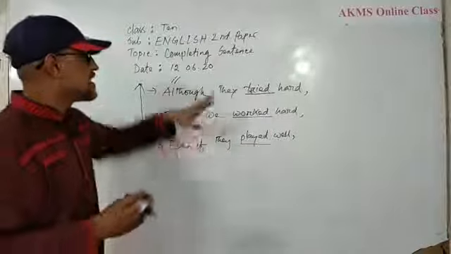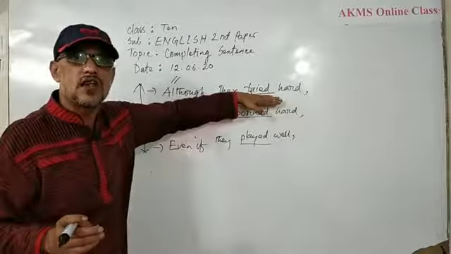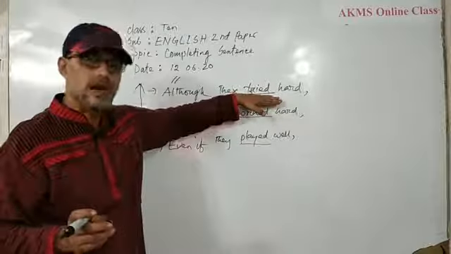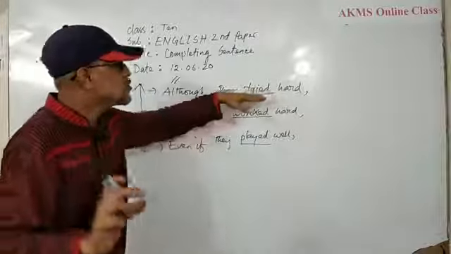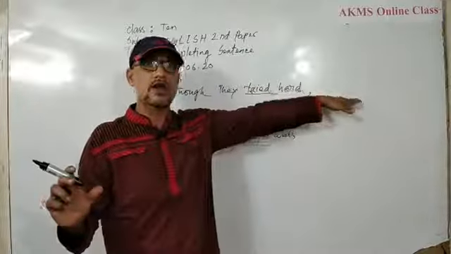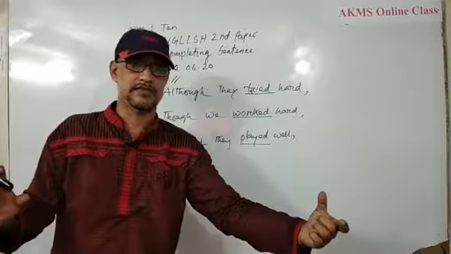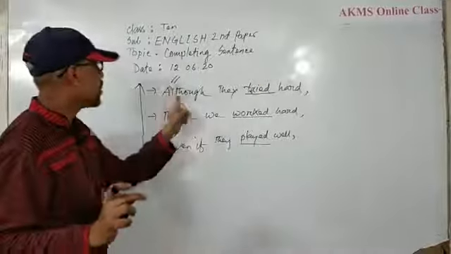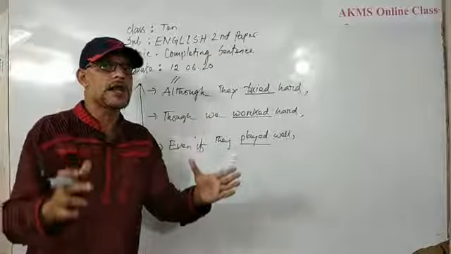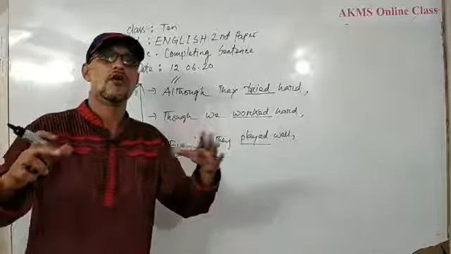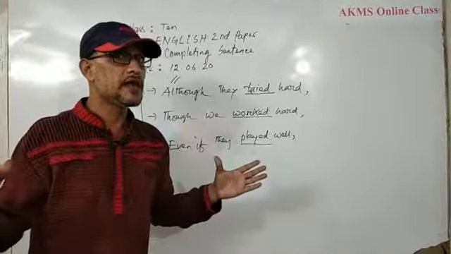Just like if the first given clause is in affirmative sense, you should write the other clause in negative sense, because though, although, and even if always combine two clauses of opposite meaning.